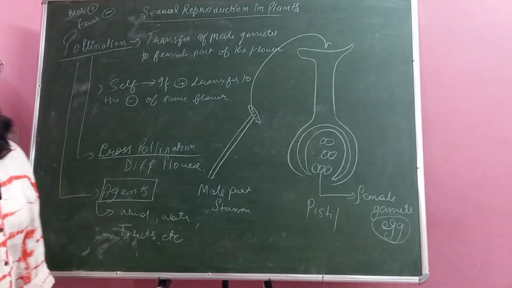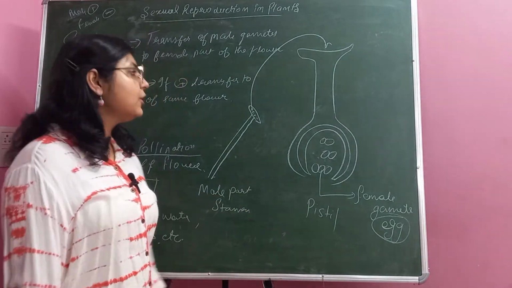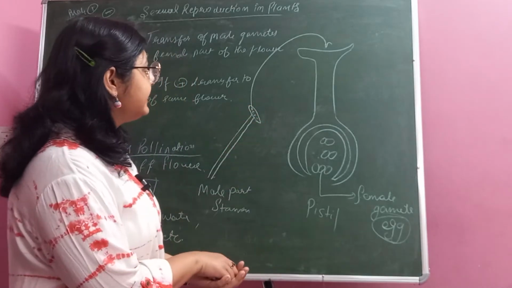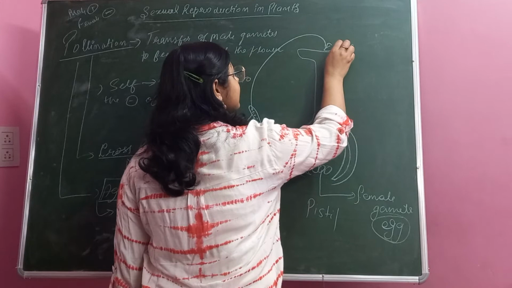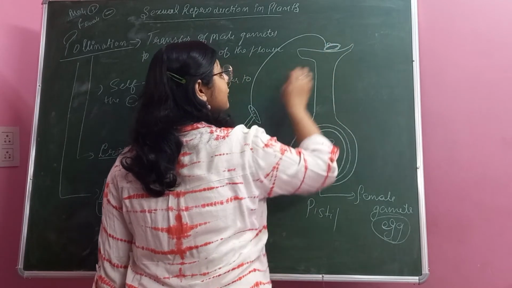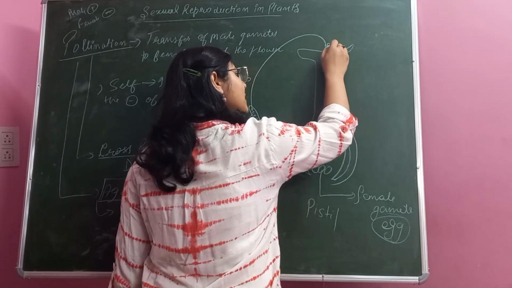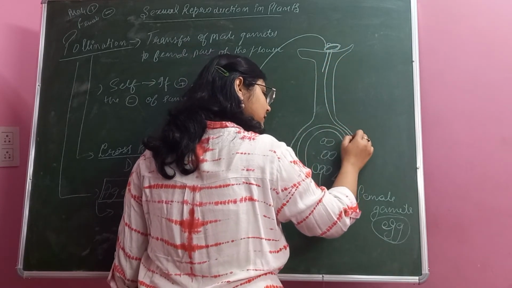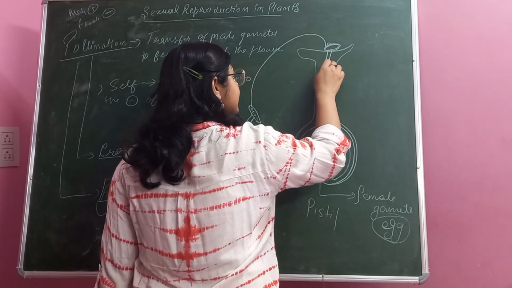Okay, so now see what happens. Procedure मैं आपको लिखवाऊंगी for sure, but मैं अभी procedure समझा रही हूँ सिर्फ. So this male gamete, it gets transferred to the female gamete. Bisexual flower है तो same में भी हो सकता है, यहाँ पहुँच गया. Now this pollen grain will form a pollen tube to reach the female gamete. रास्ता तो बनाएगा पहले, तभी तो पहुँचेगा.